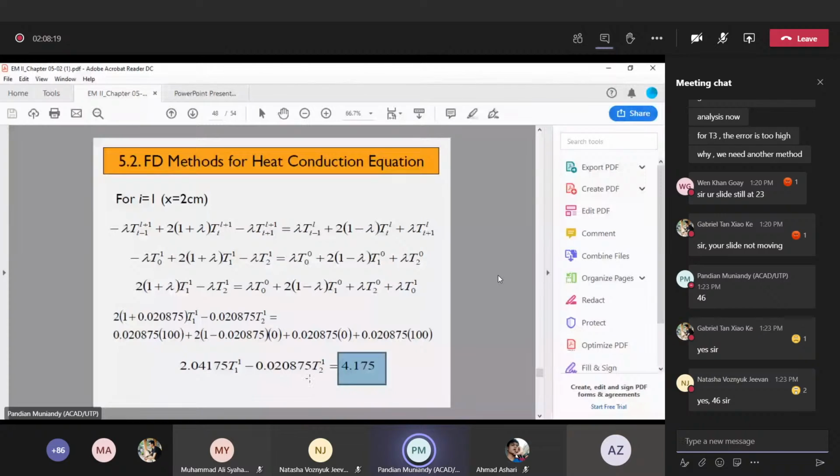Can you get this equation, class? Can you create this equation? Yes or no? Can you? Yeah, Ahmad Azhari. Yeah. Any question, class?